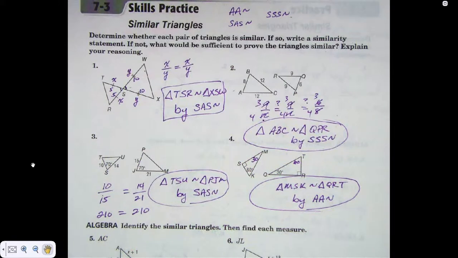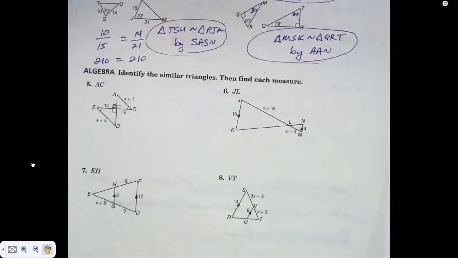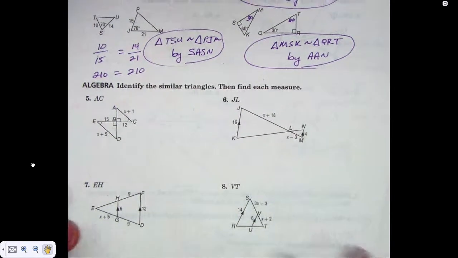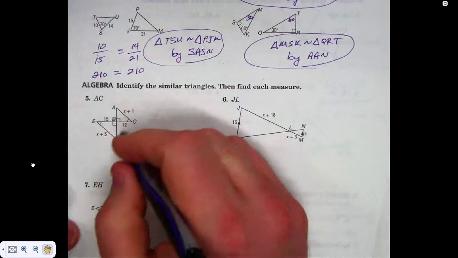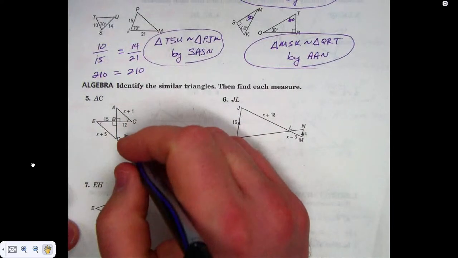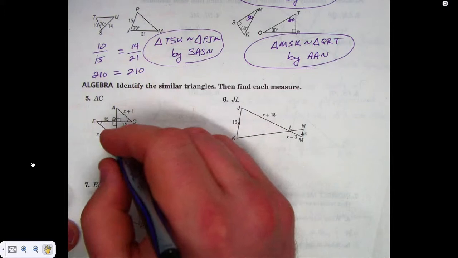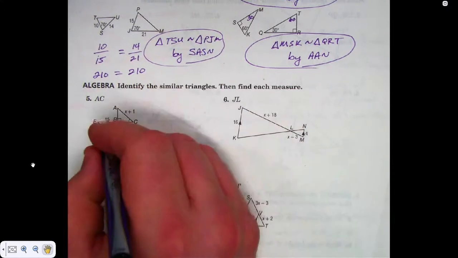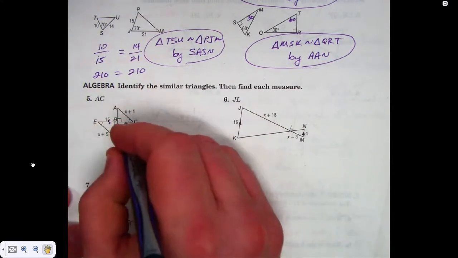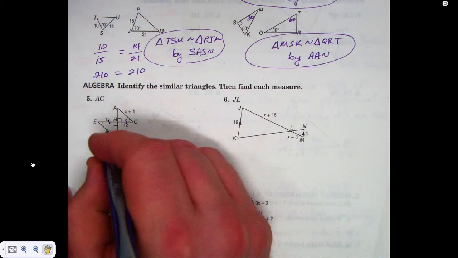Okay. Now, what do you think these are going to be? Identify the similar triangles, then find each measure. So they want you to identify the similar triangles. So you're going to have to identify what corresponds with what. Okay? So, what corresponds with the 15? 12.